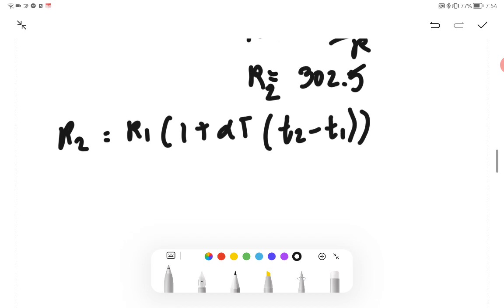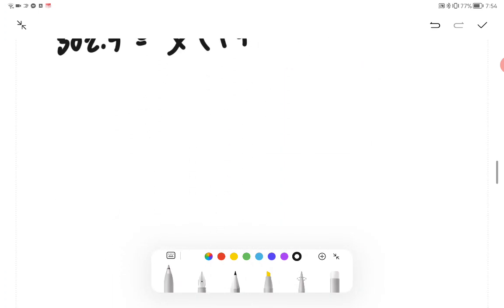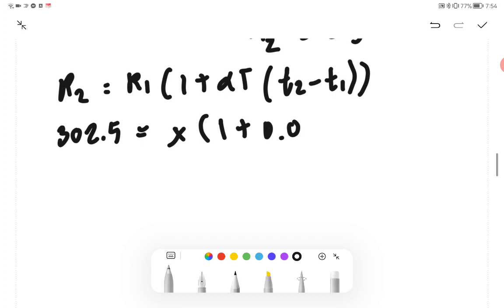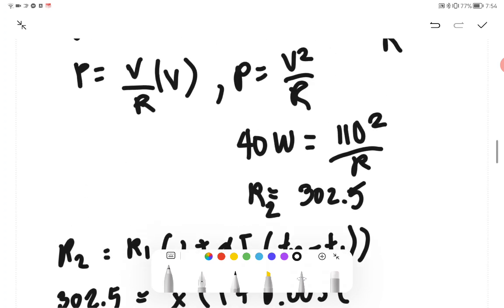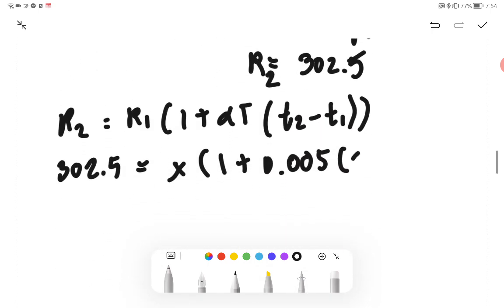So we have 302.5 is equals to X times 1 plus 0.005 multiplied by 20 minus 20.